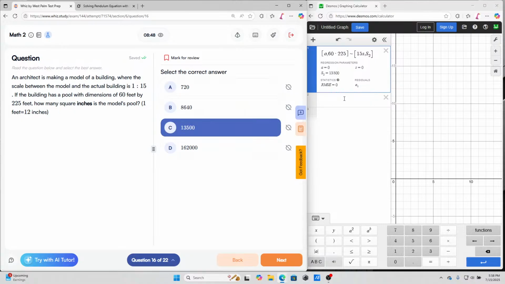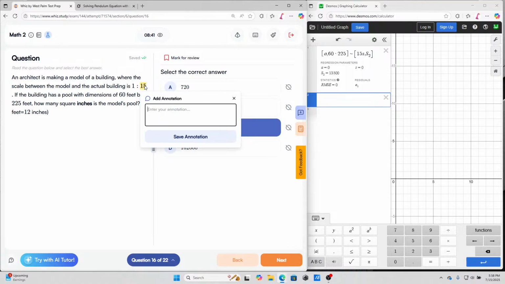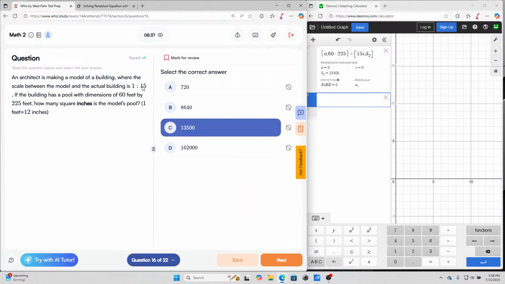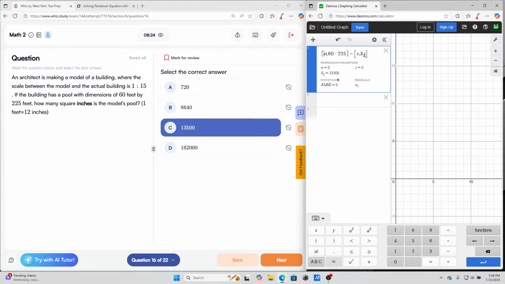Okay, we got this one. So is this 1 feet is 15? No, it can't be. It's gotta be 15 feet is 1 feet. So here I put in the actual building. Okay. It's actually like that.